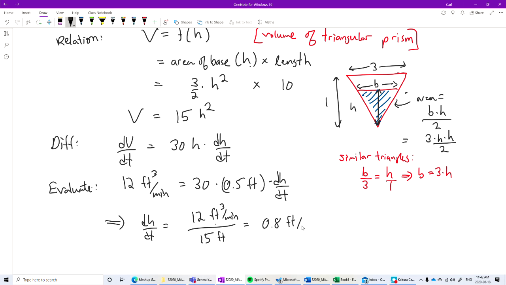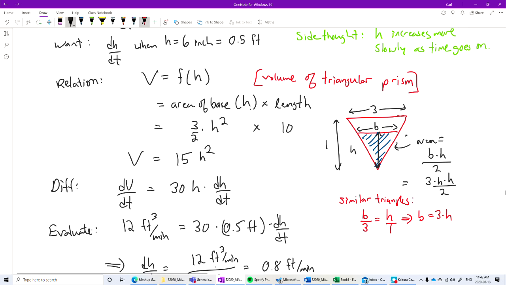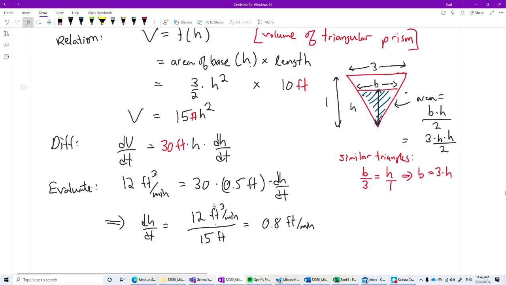Now, why is it coming out feet squared? Because this 10 actually has feet on it. And this 30 is feet, 30 feet. This is feet. So that's feet squared down there.